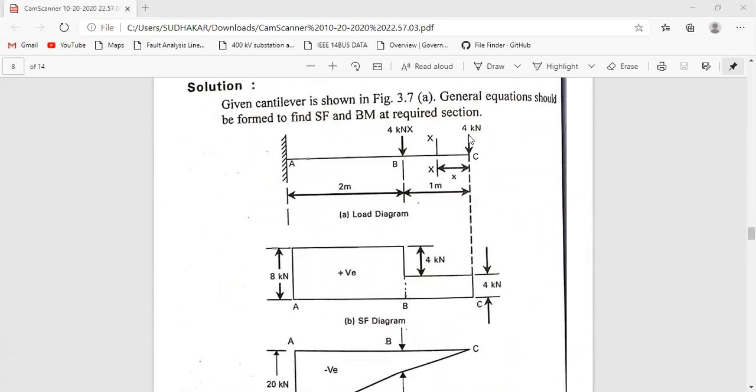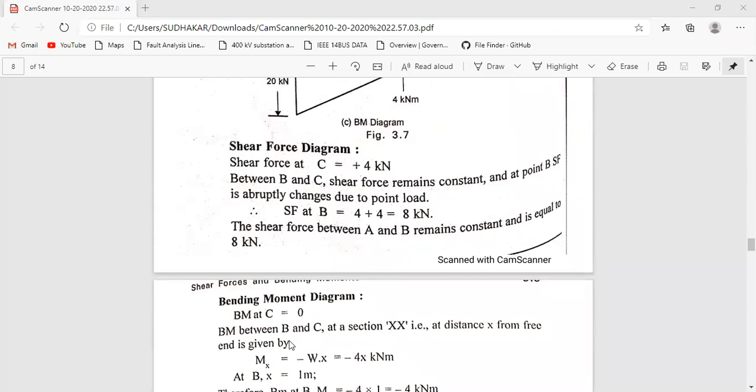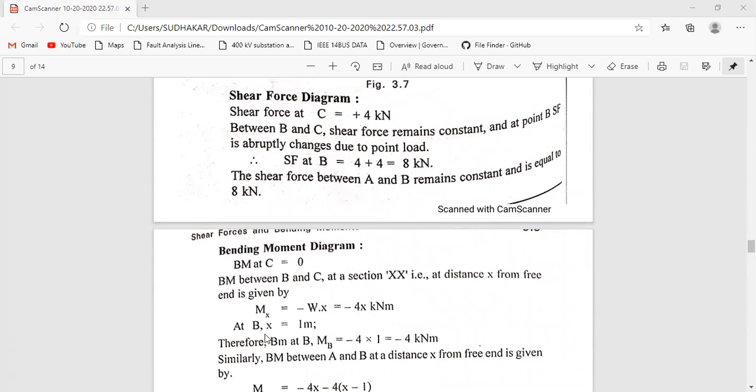Due to the 4 kilonewtons we have some bending moment, and this clockwise bending moment will be negative: minus W into x. If x equals 1 meter, the bending moment will be minus 4 into 1, so minus 4 kilonewton meter.